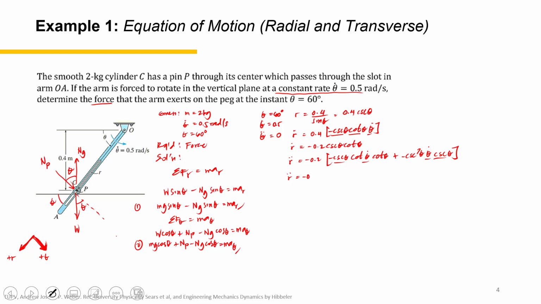Okay, so negative 0.2 times negative cosecant theta, then theta dot. So what remains is cotangent theta. Oh, I forgot to include theta dot here. Theta dot. That would be cotangent squared theta plus cosecant squared theta.